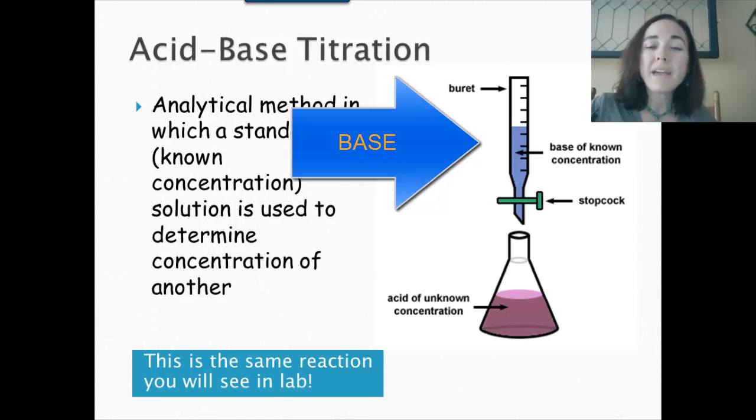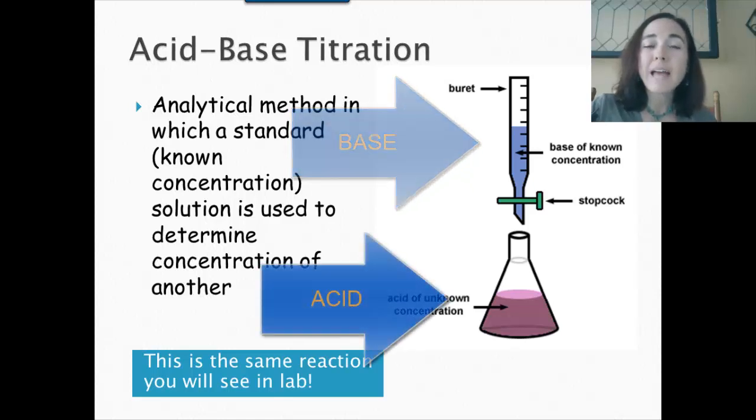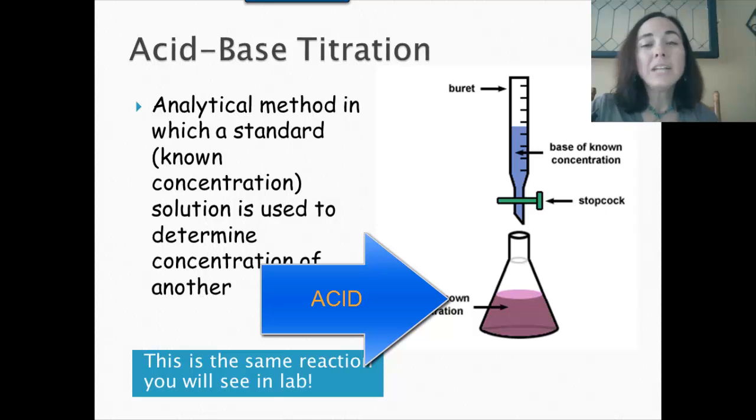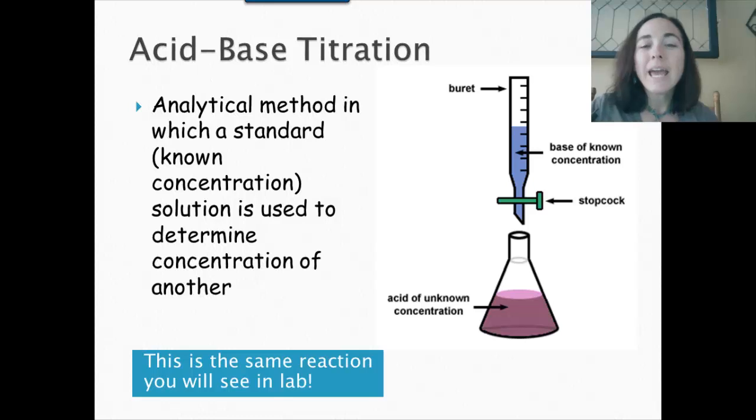You pour the base into the acid, which is in the flask below the burette, and you mix them together. A neutralization reaction occurs, and you put an indicator in the acid solution, and when the pH begins to change immediately, your indicator will change color. That tells you that all of the acid has been neutralized. From there, you can do a few calculations to figure out the concentration of your unknown acid.